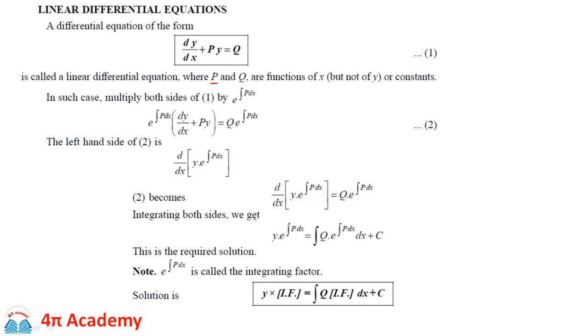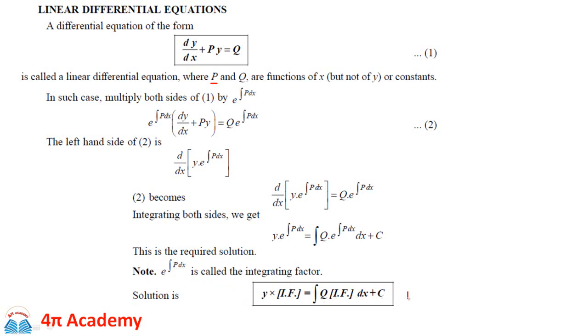So integrating both sides, we get y into e raised to power integration of p dx is equal to integration of q into e raised to power integration of p dx dx plus c. So this is the required solution. Note that e raised to power integration of p dx is called the integrating factor, and the solution is y multiplied by integrating factor is equal to integration of q into integrating factor into dx plus c.